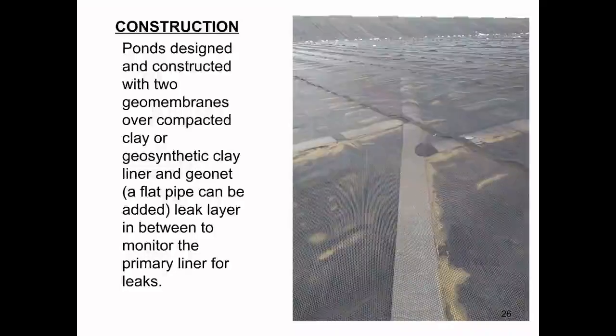Here's a photo of the construction of a pond that has a liner leak detection system with lay flat pipe in order to assist with the leak collection down to the low point or the sump for the leak riser.